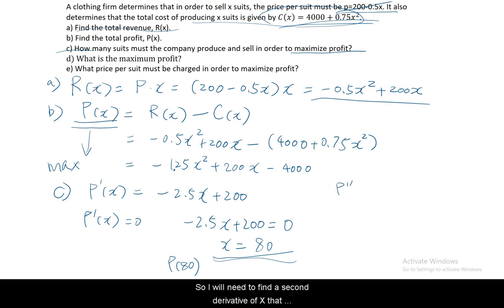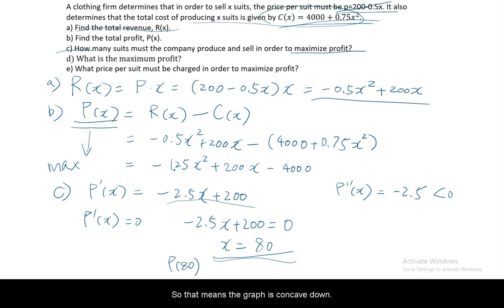I will need to find the second derivative of P. That will give you negative 2.5. It's negative, so that means the graph is concave down. You have an absolute maximum value. Great, that's what we are expecting.